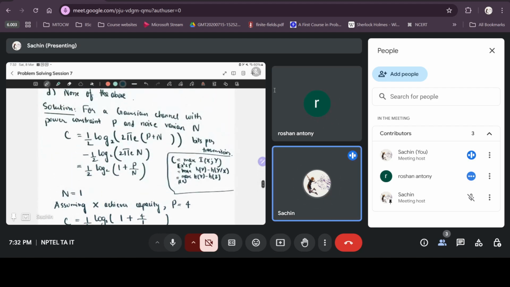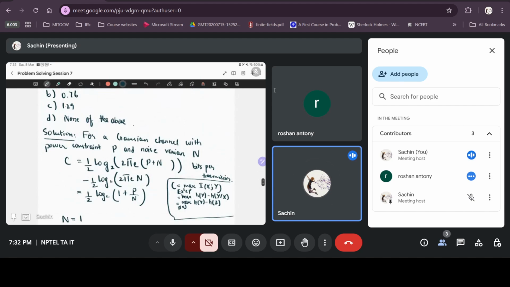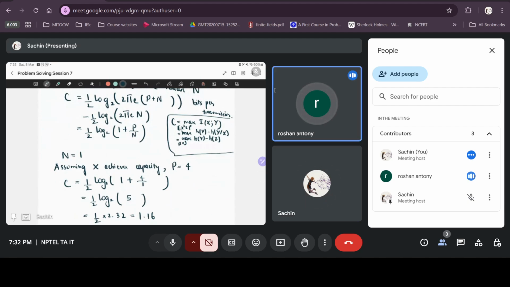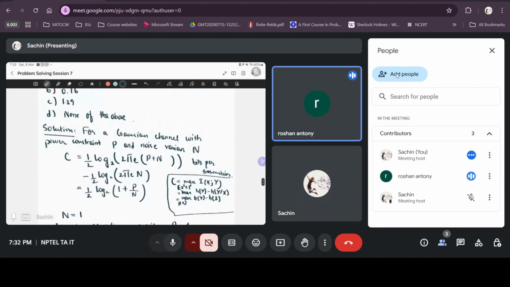I don't think the mean changes the entropy. I'll have to go back and see the derivation, if they have used the mean or not. As far as I know, it shouldn't matter.